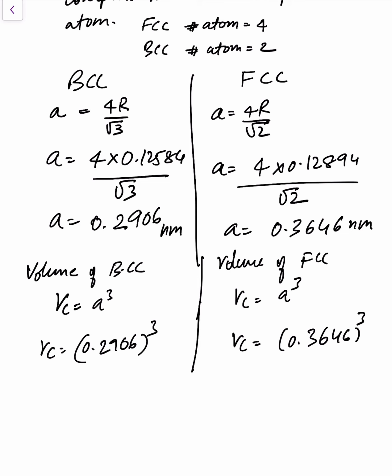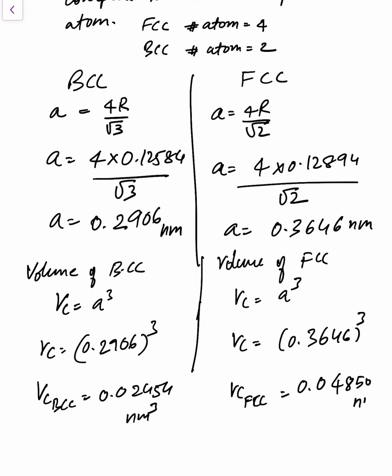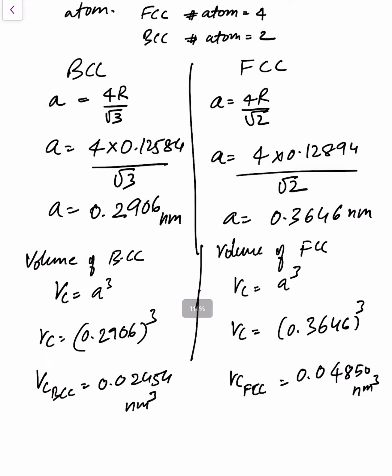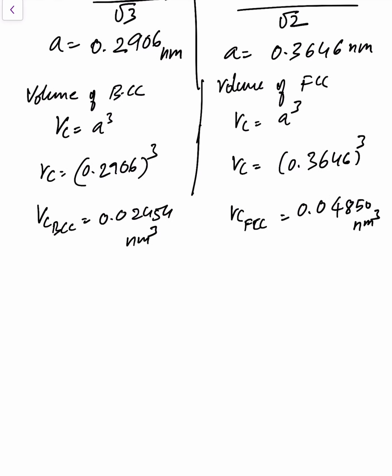Okay, and therefore volume for BCC is equal to 0.02454 nanometer cubed, and volume for FCC is equal to 0.04850 nanometers cubed. Okay, and that's the comparison for volume overall.